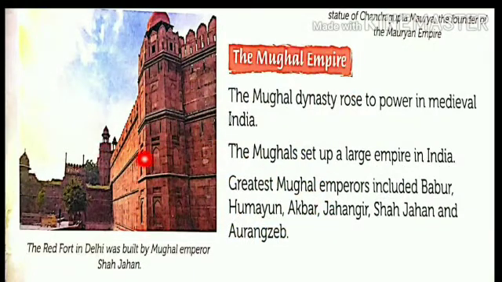Now here you can see a picture. This is the picture of Red Fort in Delhi. The Red Fort in Delhi was built by Mughal Emperor Shah Jahan. Many great rulers have ruled over different parts of the Indian subcontinent.